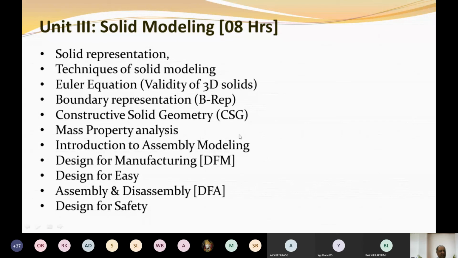Once we have the solid model with us, we can find out the mass properties: what will be the volume, the weight, and the surface area of that particular product or component. Volume can help us find out the space required for that product.